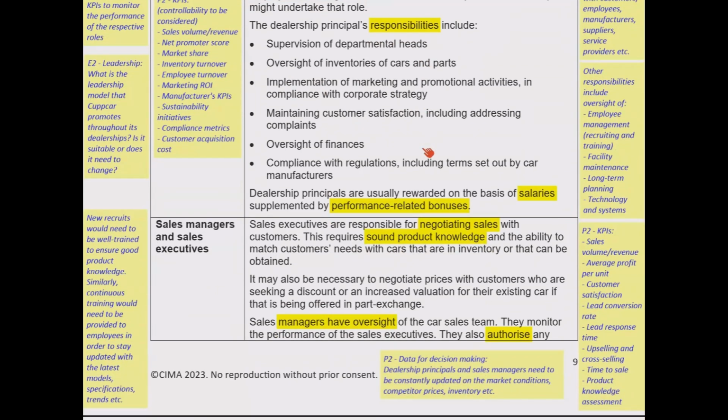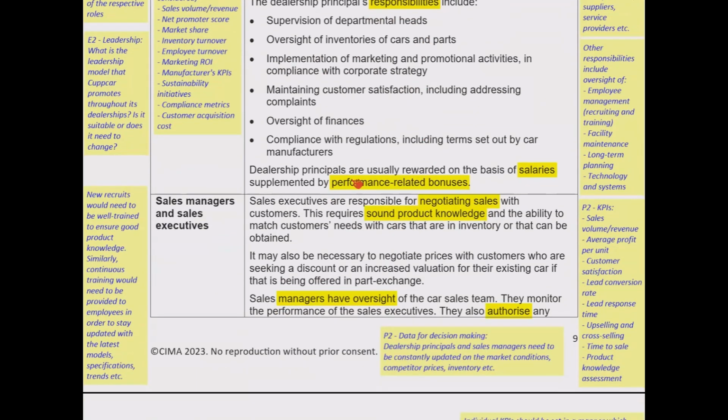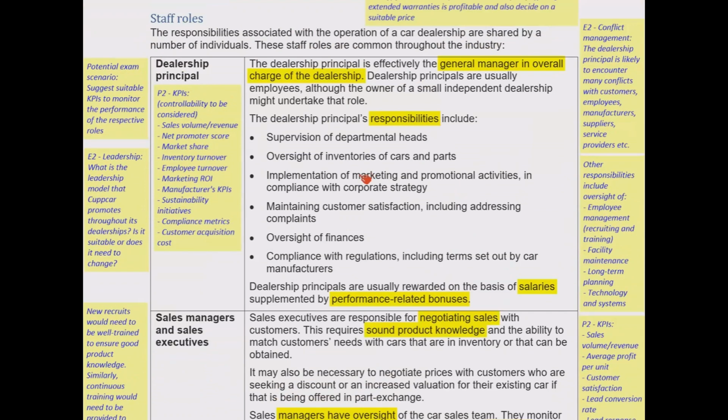Now, really important in this table is the bottom of this box. Dealership principals are rewarded on the basis of fixed salaries and also performance-related bonuses. And obviously, they are responsible for maintaining customer satisfaction. They are there to ensure that their dealership is generating the sales.